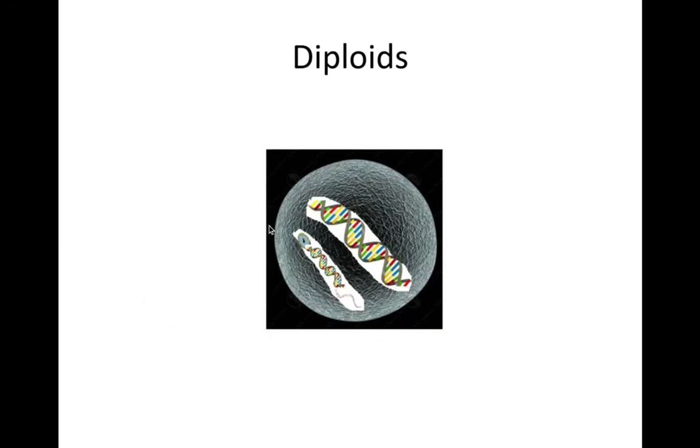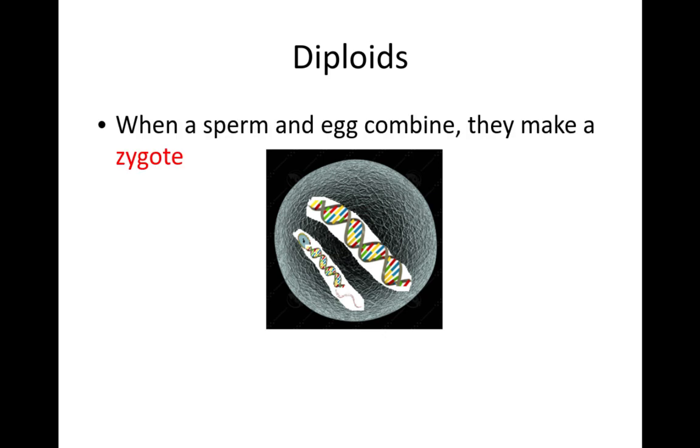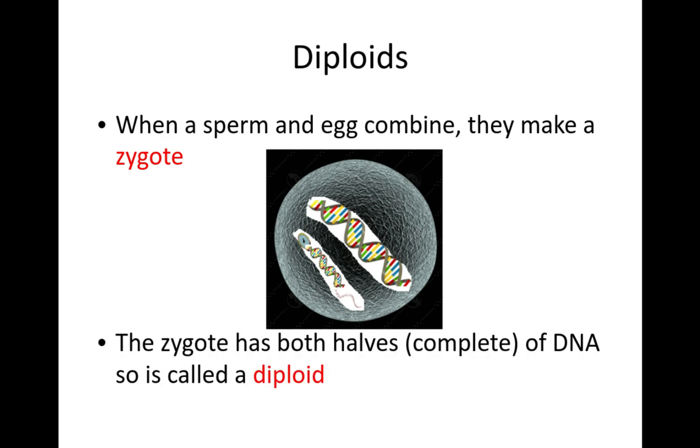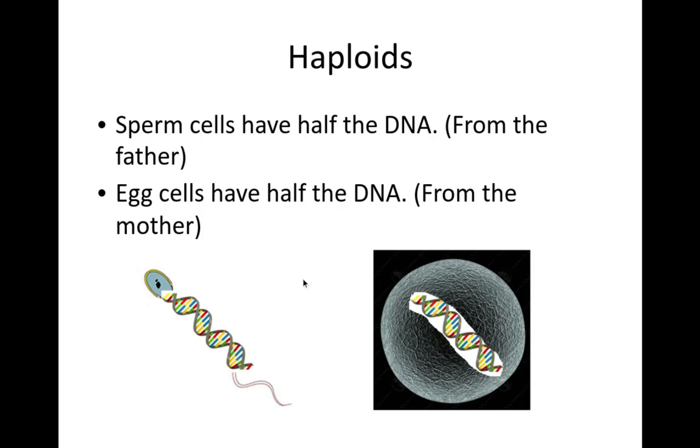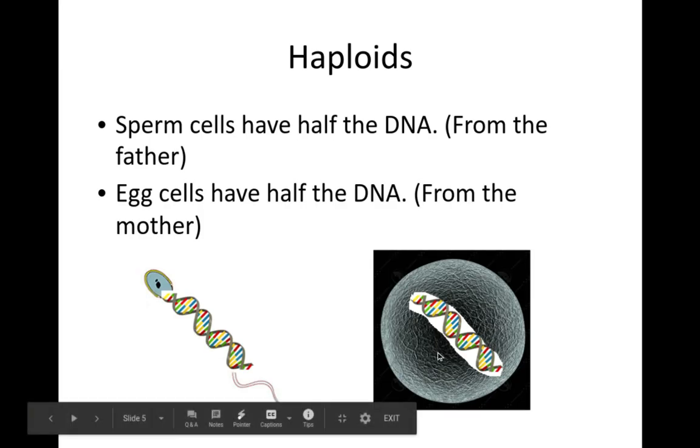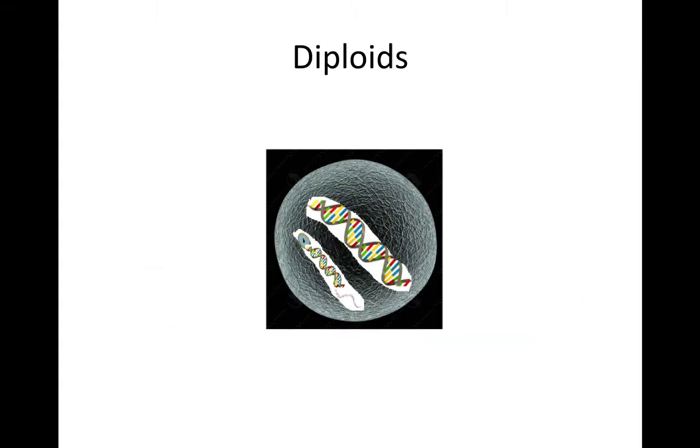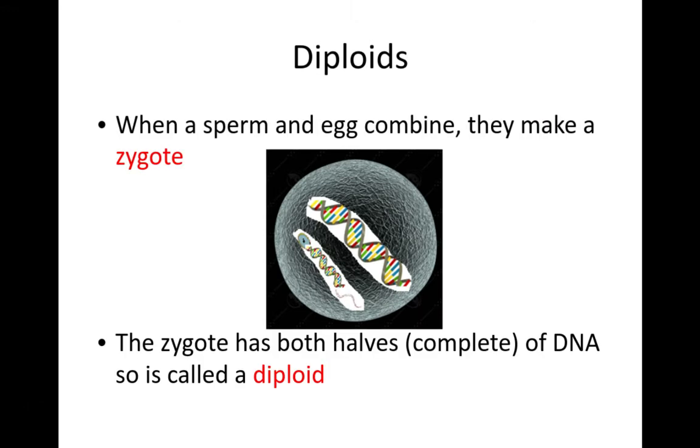When the sperm goes inside the egg cell, it makes a zygote. Okay, so that is fertilization. And a zygote is now diploid, because diploid means it has the complete DNA. A sperm alone or an egg cell alone is not enough to form life because it's only half the DNA. You need the complete DNA of a diploid, okay?